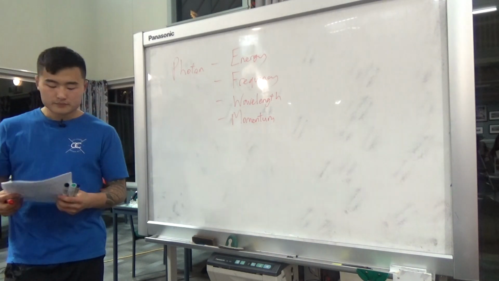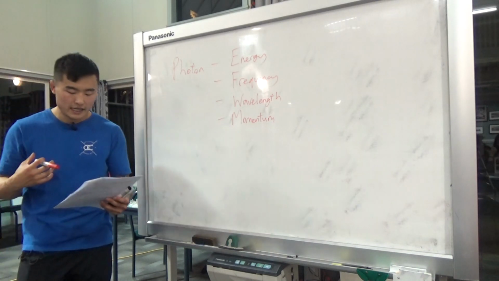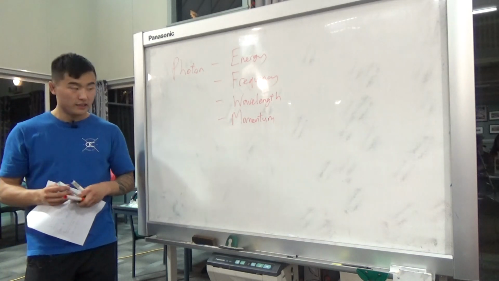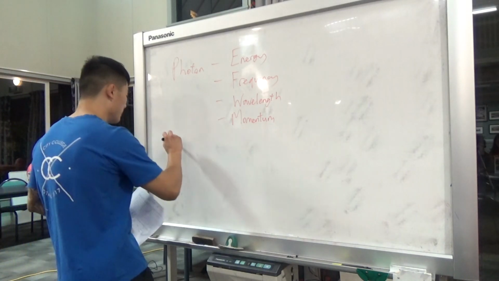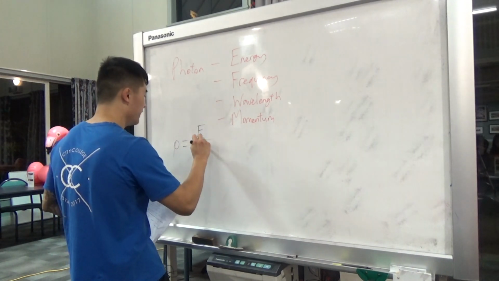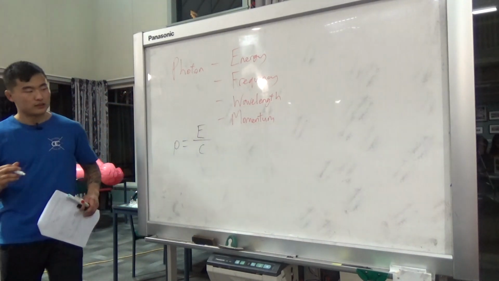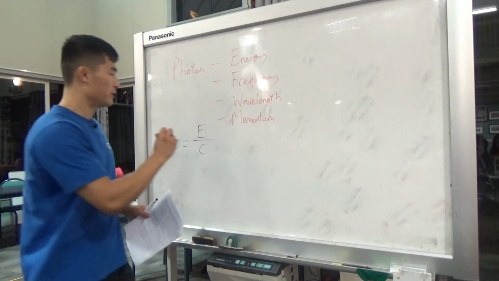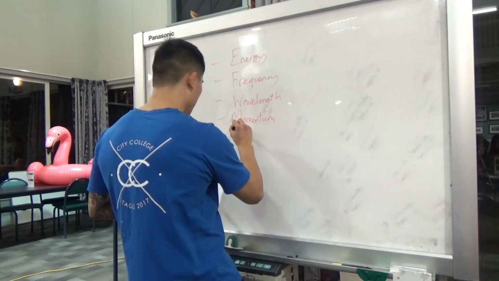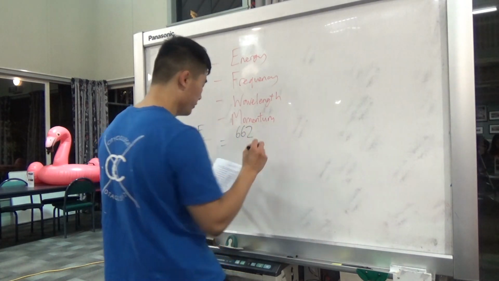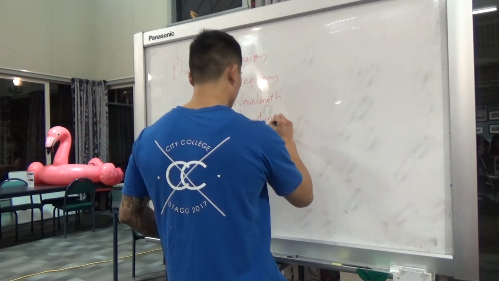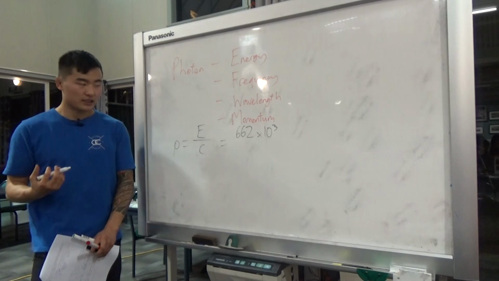All right. In this case, we want to convert energy into momentum. So the equation for that is momentum is equal to the energy divided by the speed of light. The energy in this case is in electron volts, so that's 662,000 electron volts, so 662 times 10 to the power of 3 electron volts.